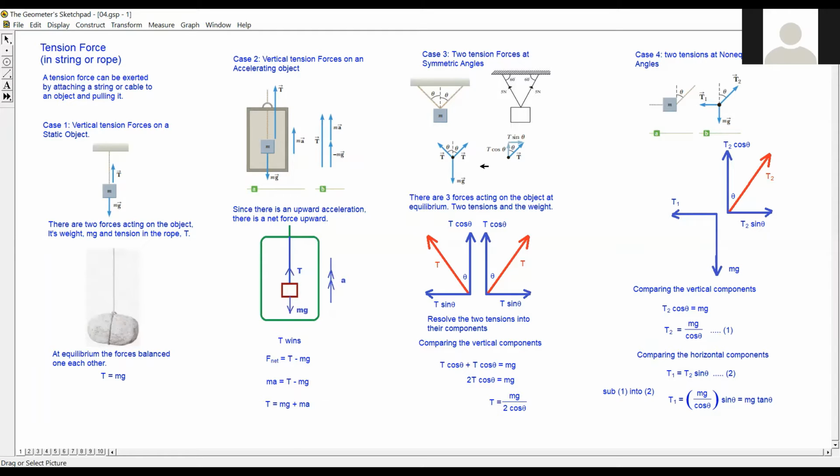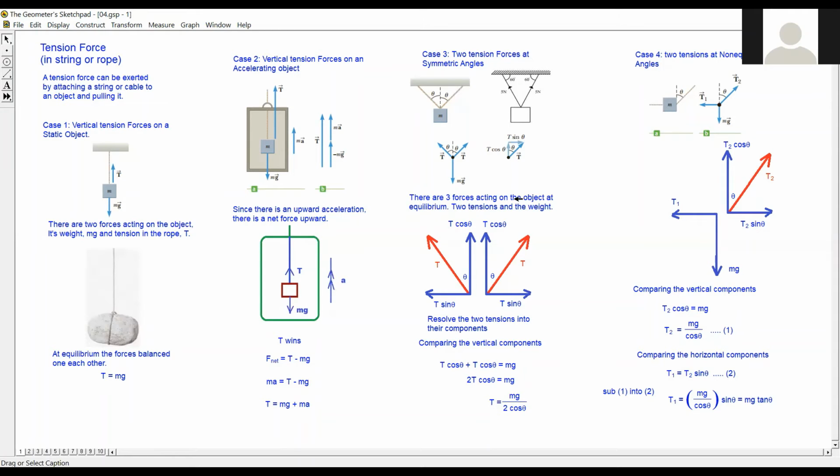The size of the angle is the same, but they are pulling the object upwards in 2 different directions. And these 2 tensions are balanced by the weight of the object.